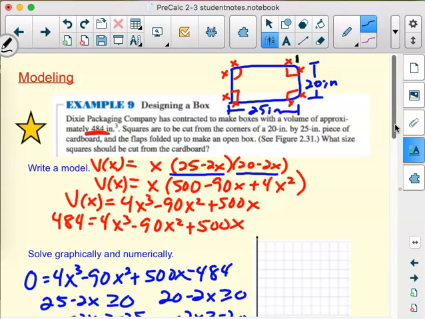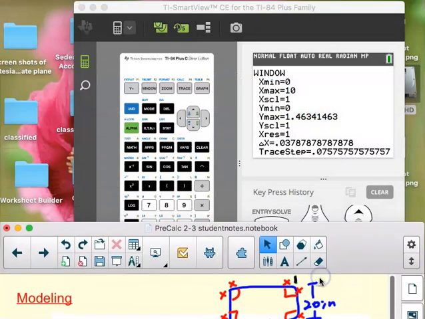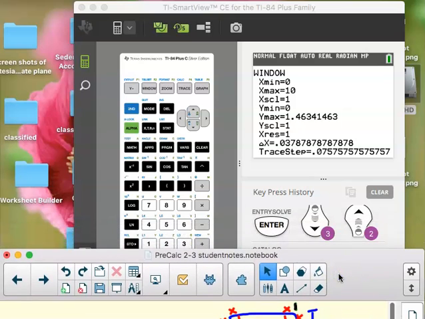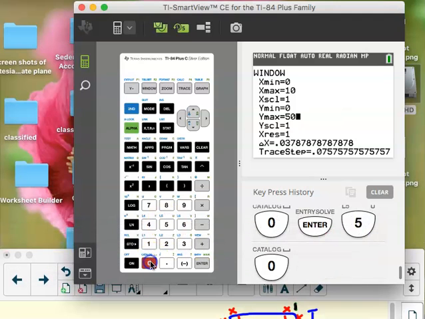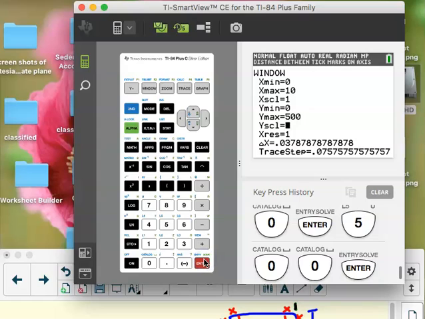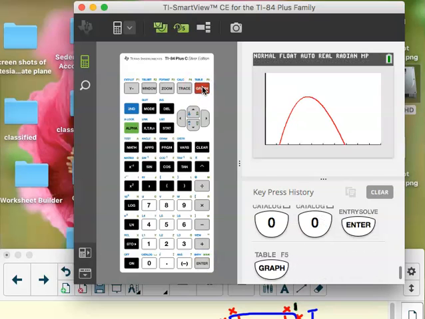We know it can't be that high because it still wouldn't be 20 and it wouldn't be 25. But at least that gives us a number to try. 1 times 25 times 20 is going to give us 500. So let's put 500 in here. It's probably more than we need, but it gives us a good starting place. Graph. Excellent. So we see there's actually 2 zeros there.